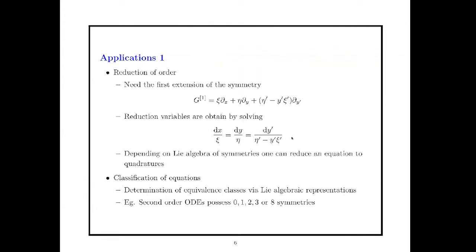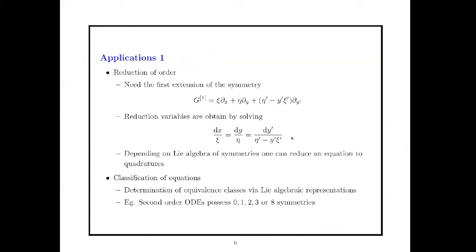For example, if you're looking at second-order ODEs, we know that they possess 0, 1, 2, 3, or 8 symmetries. You have Lie algebras associated with all these symmetries, but for the 0 and 1 case. For all the others, you have more than one Lie algebra. The very interesting case is that of 8 Lie point symmetries, which we know is the case of linear or linearizable equations.